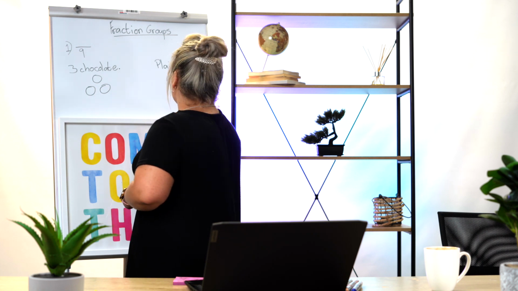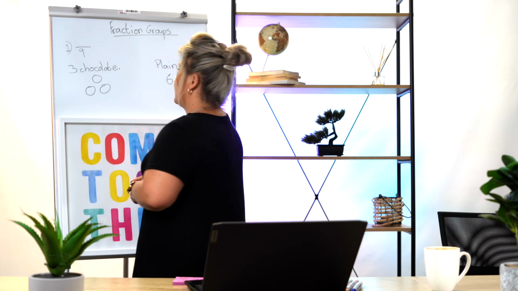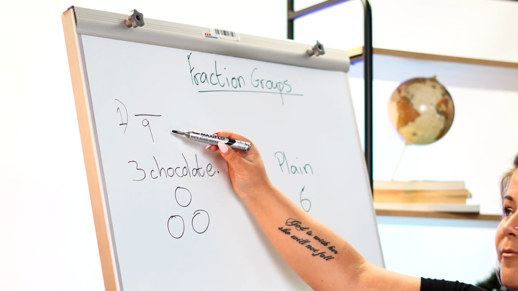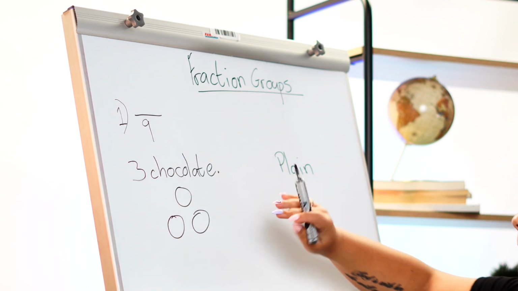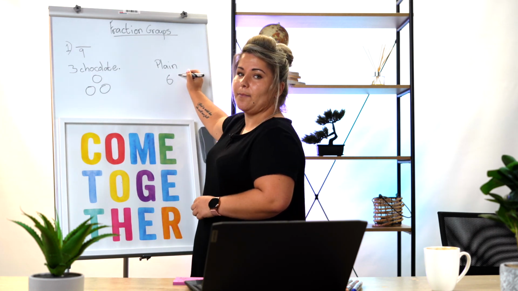What I'd like us to do now is to take this answer and write it down as our fraction, keeping in mind that your denominator does not change. It remains the same. We've been asked what amount of croissants are plain.